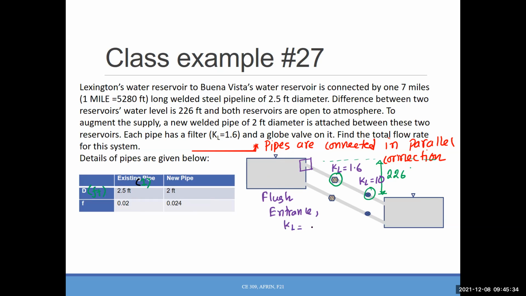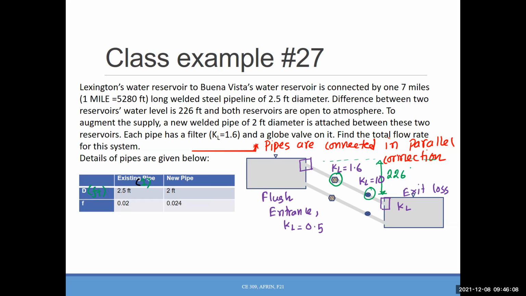So KL is 0.5. And we have a reservoir on the other side also, where flow is just coming out from a small pipe to a huge reservoir. Can you tell me what is the exit loss for that one? What is the KL for that one? Can I borrow the minor loss coefficient one?